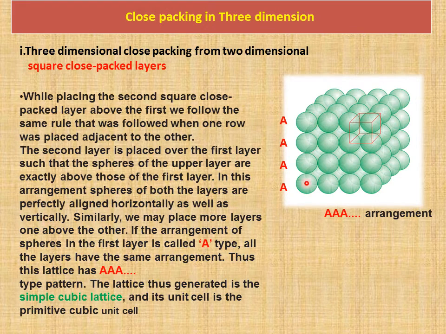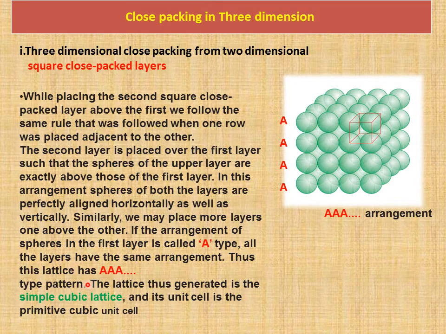Similarly, we may place more layers one above the other. If the arrangement of spheres in the first layer is called A type, all the layers have the same arrangement.